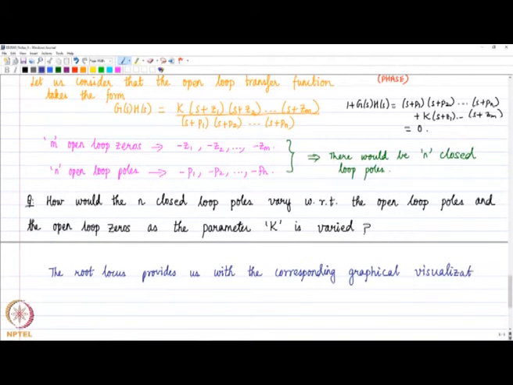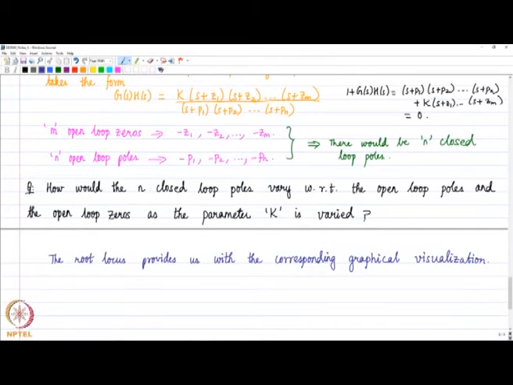So what we are going to consider is the following. We would first consider the case when the parameter k is non-negative.